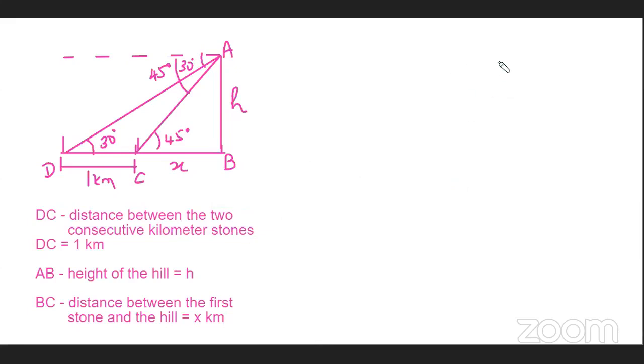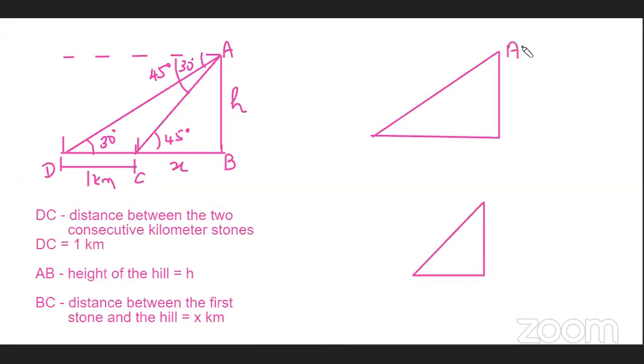Now the two triangles. One is your 30 degree and the other is your 45 degree. So you have A, B, C, H, 45, X plus 1, D.